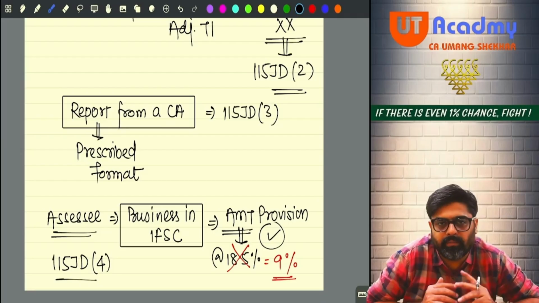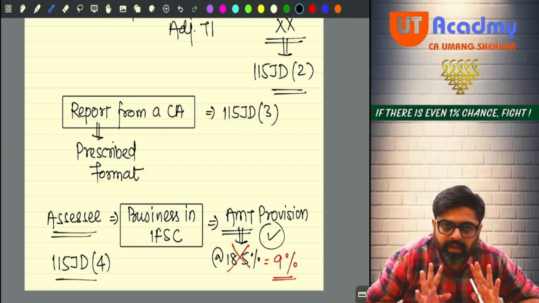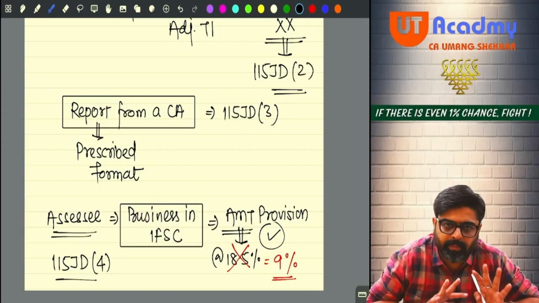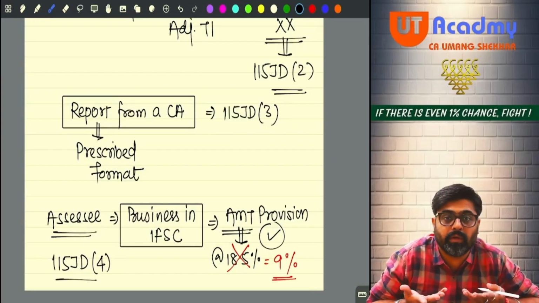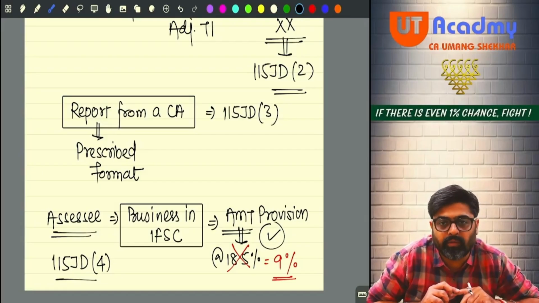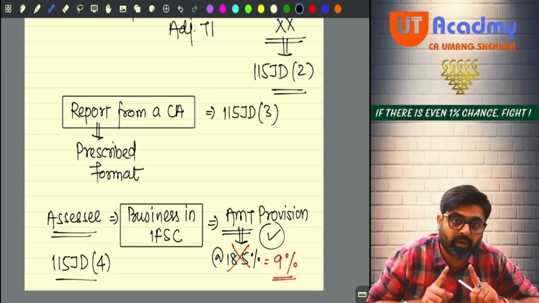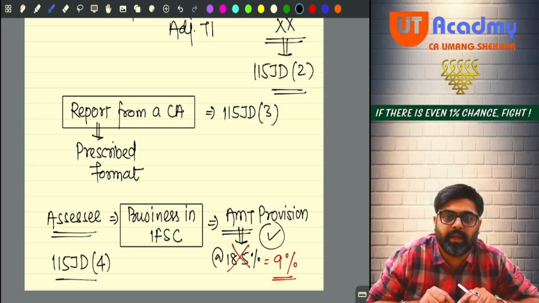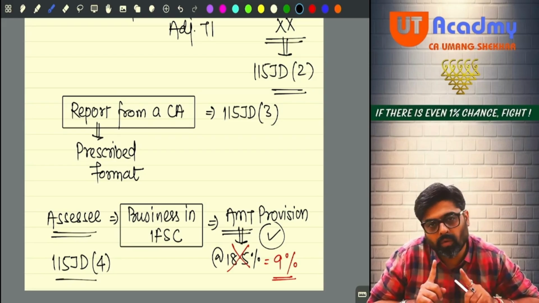For them also the AMT provisions are applicable. For all the assessees, the AMT provisions are applicable. So for you also the AMT provisions are applicable, even if you are doing your business in International Financial Services Center, Gift City, near Gandhinagar, I told you. Okay, no? But the rate applicable for you, unlike others, will not be 18.5%. It will be only 9%.